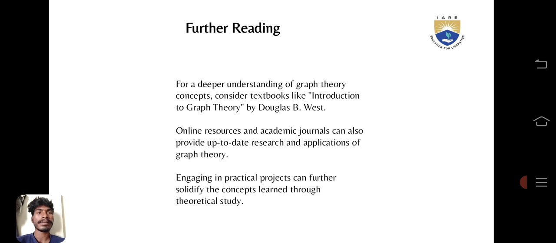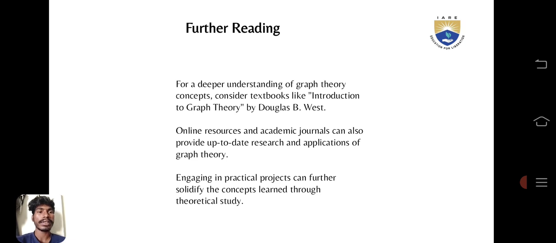Further reading. For a deeper understanding of graph theory concepts, consider textbooks like Introduction to Graph Theory by Douglas B. West.